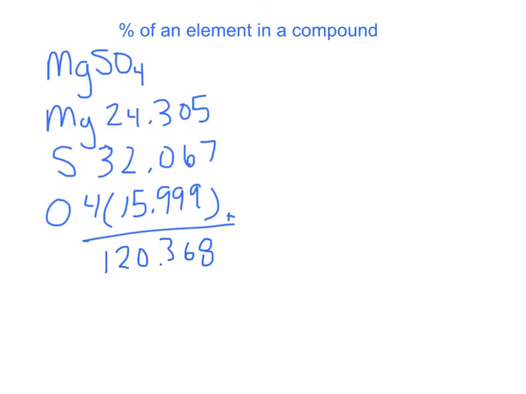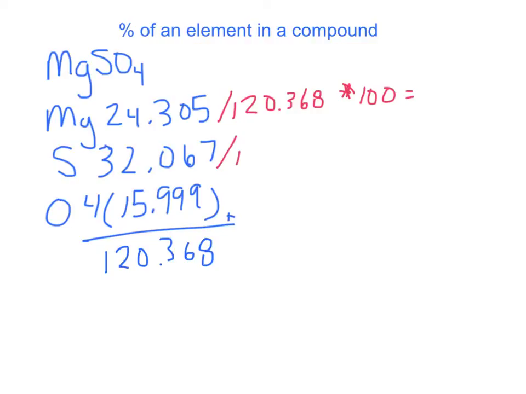120.368. Now to get the percent, remember that we're going to take each of these and divide by the total. So we're going to take this and divide it by 120.368 and then times it by 100 to get our answer for a percent.